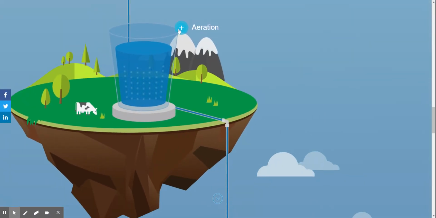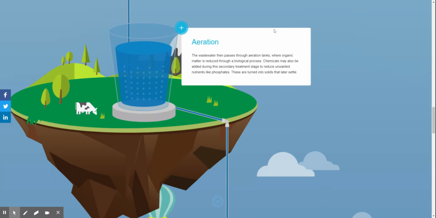Aeration. Although the visible bits of sludge have been taken out, we have to ensure that the smaller and sometimes invisible nasty bugs are taken out too. At larger sewage treatment works, the wastewater is put into rectangular tanks called aeration lanes, where air is pumped into the wastewater. This encourages the good bacteria to break down the nasty bugs by eating them.